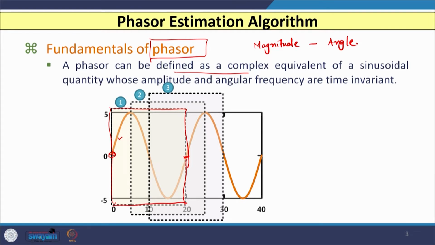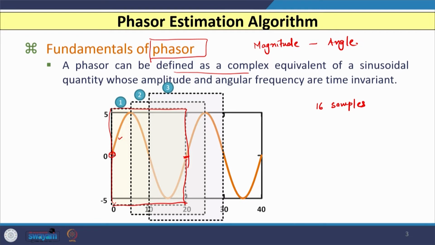In this window, let us say you have taken 16 samples. So, using these 16 samples in one cycle, if you calculate the phasor, then it remains constant.